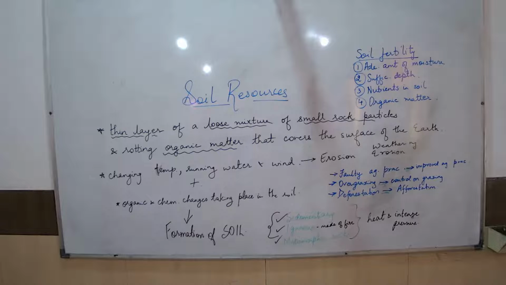Then write next point, fine grained, hyphen, more fertile. Then next line write, coarse grained, C-O-A-R-S-E, coarse grained, hyphen, less fertile.